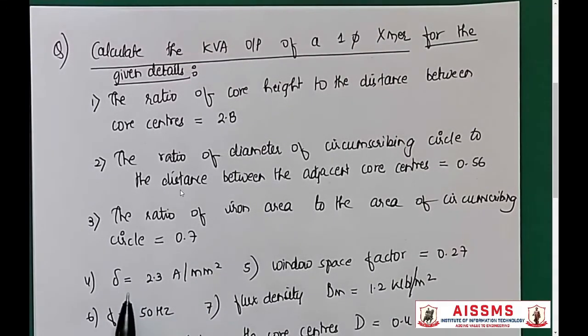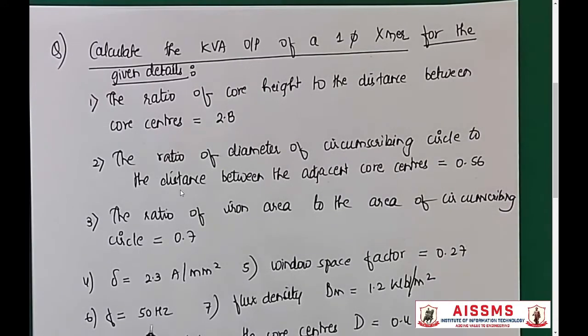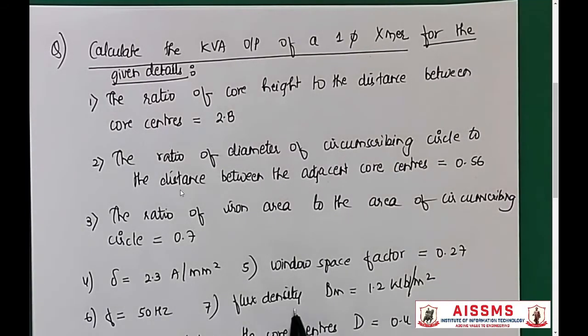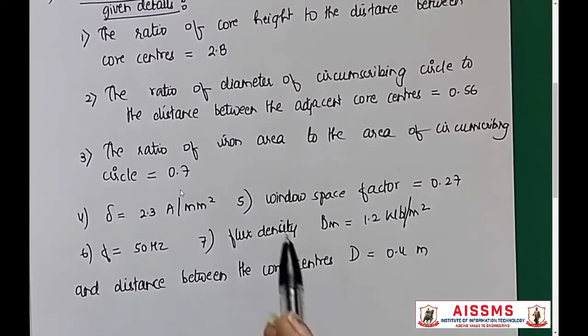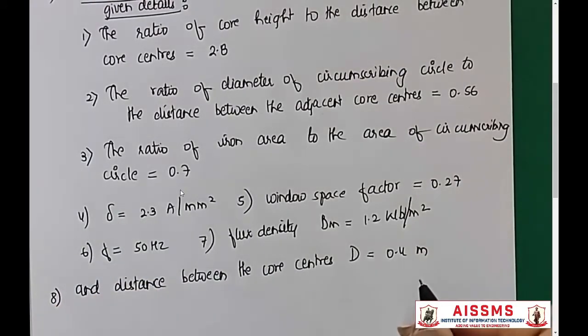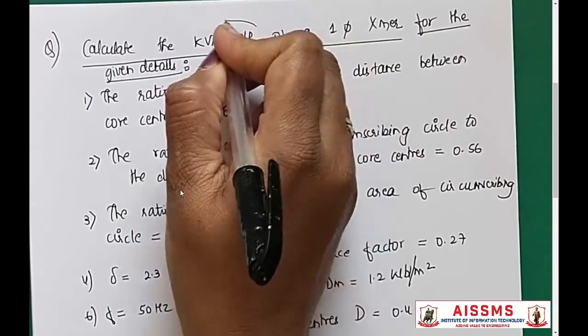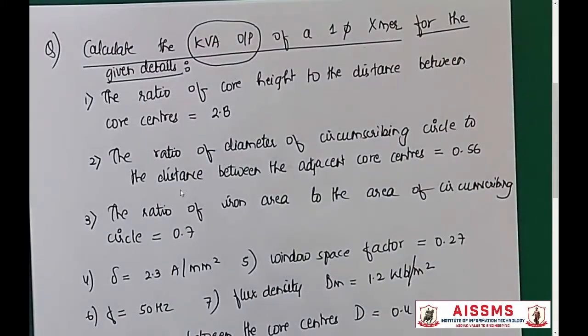Current density is 2.3 ampere per millimeter square. Window space factor 0.27. Frequency 50 Hz. Flux density is 1.2 Weber per meter square, and the distance between the adjacent core centers is 0.4 meters. So we are supposed to calculate the kVA output of the single phase transformer.